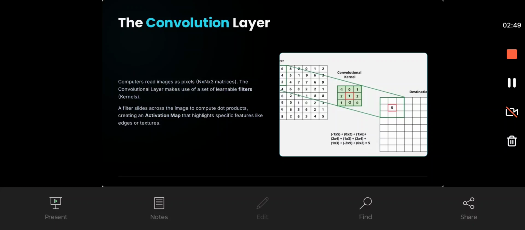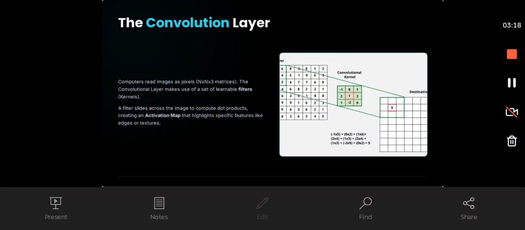As the filter slides over the image, it creates the activation map or feature map. This feature map highlights important patterns such as edges, corners, textures, and shapes. The example shown here demonstrates how filter values multiply the pixel values and produce the final output. This process helps the CNN extract meaningful information from raw images.